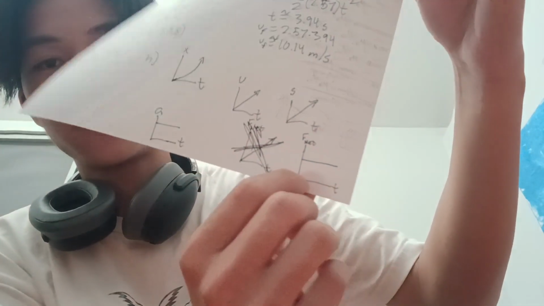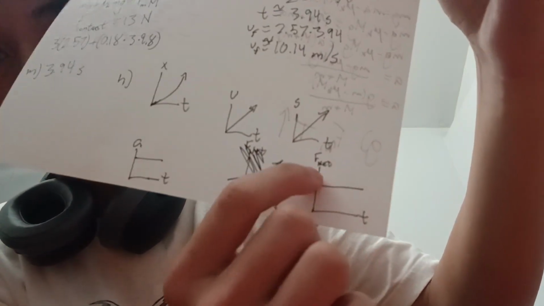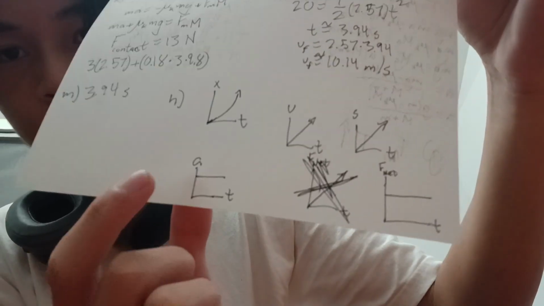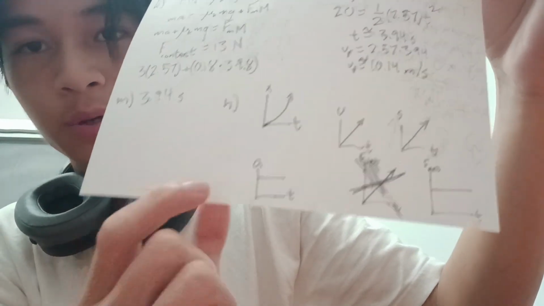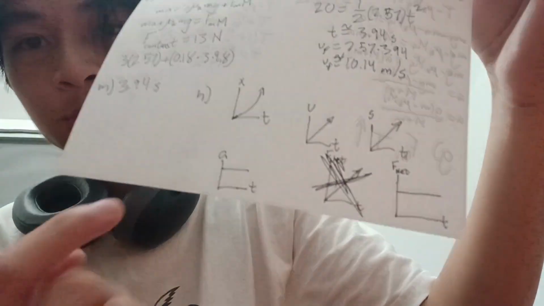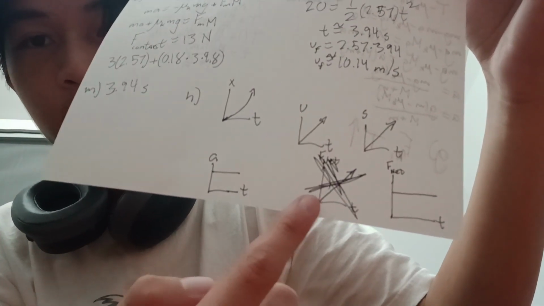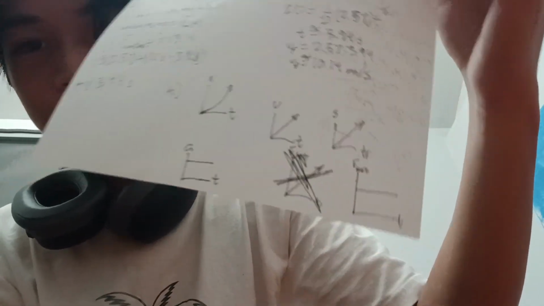This is what F net looks like. Not whatever that is. F net is constant, just like acceleration, because F equals ma, and both m and a in this case are constant. So there's literally no possible way it could have a slope. My bad. F net is constant, just like a.